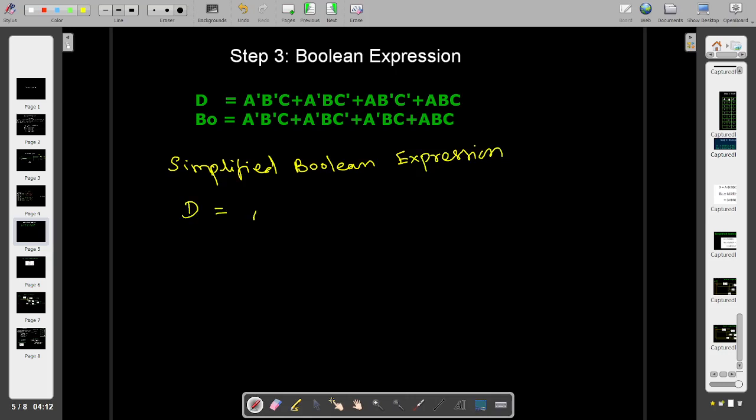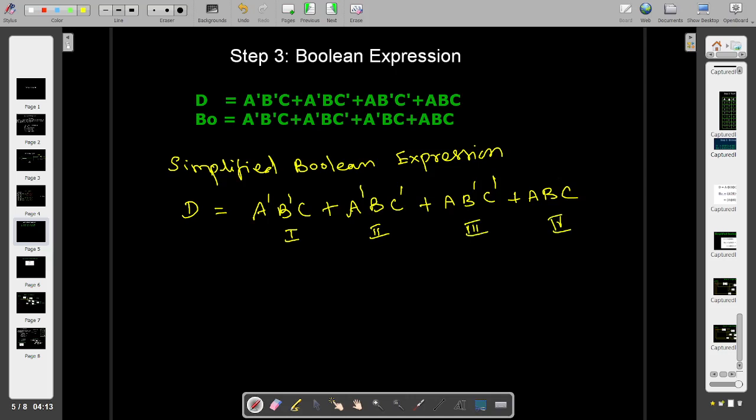So here you have initially A dash B dash C plus A dash B C dash plus A B dash C dash plus ABC. First you consider we have 4 terms, right? This is A dash B dash C is first term, this is your second term, and this A B dash C dash is your third term, and this is your fourth term.